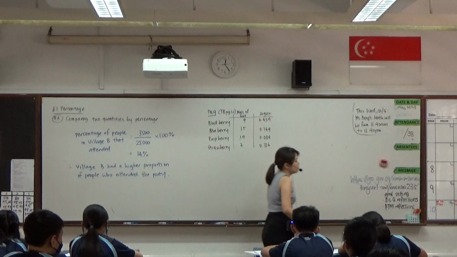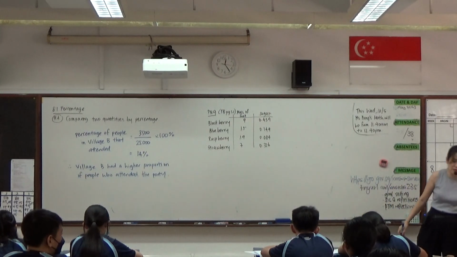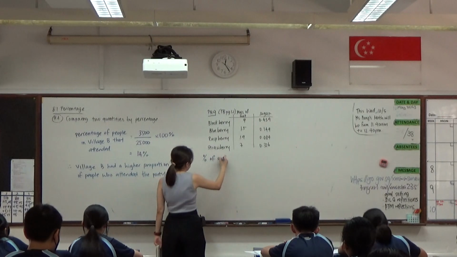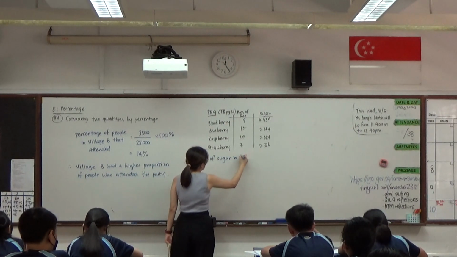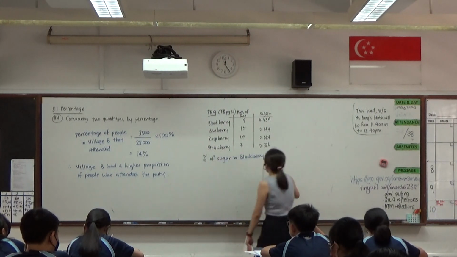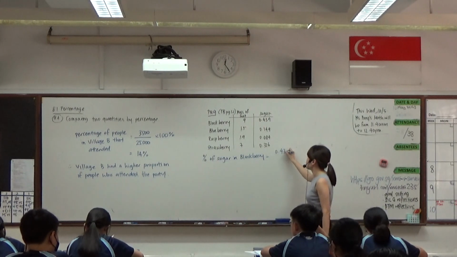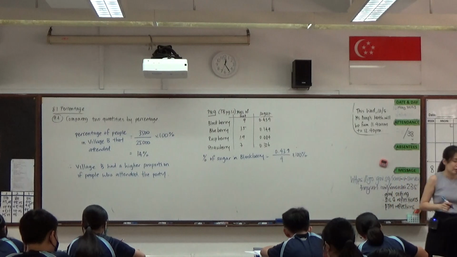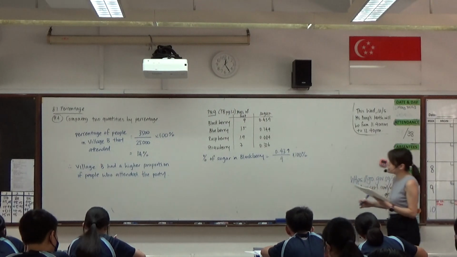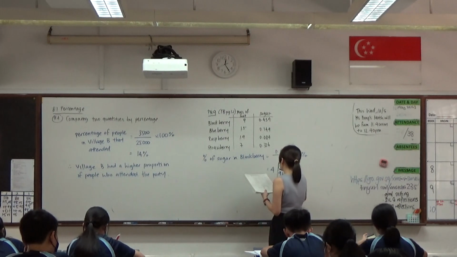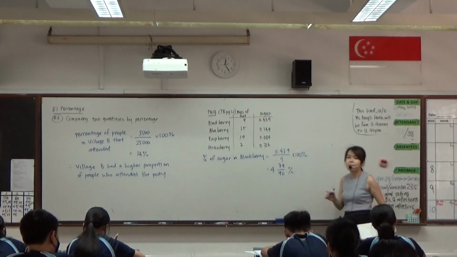So we calculate for the blackberry first. First, the percentage of sugar in blackberry. That will be to take 0.439 over 9 times 100%, and that would give us 4.79.